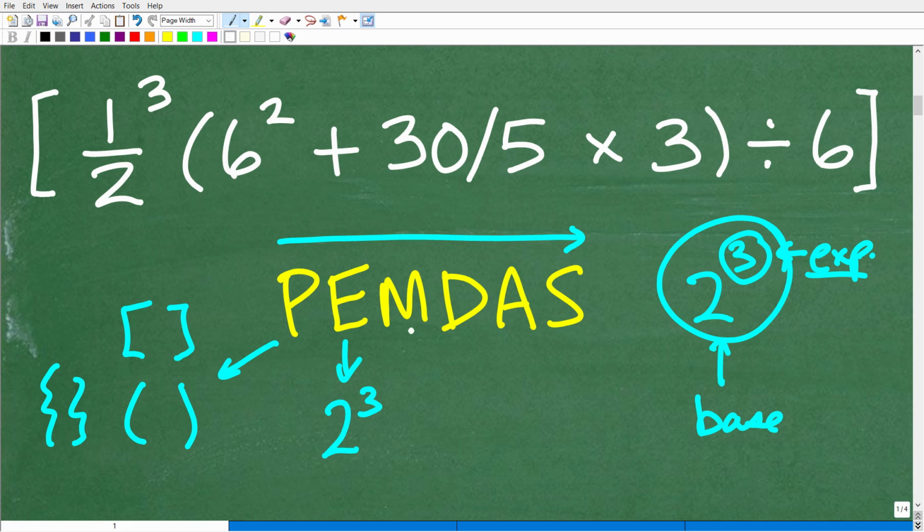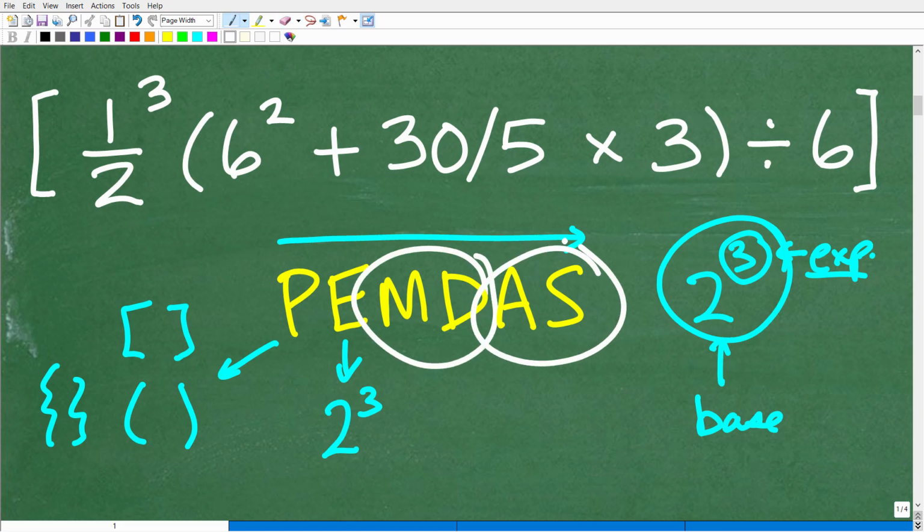Okay, so the next letters here, M, D, A, and S, stand for multiplication, division, addition, and subtraction. Now, a lot of you might say, okay, Mr. YouTube Math Man, I get this. We're going from left to right, so I'll do all multiplication, then all division, and then all addition and subtraction in that strict order. Well, it actually doesn't work that way. Okay, you're like, what are you talking about? Well, I'm going to explain that right now. These are basically two groups.